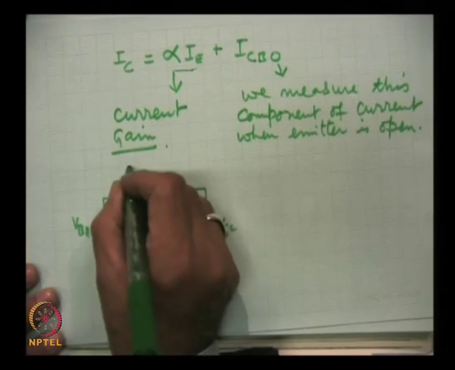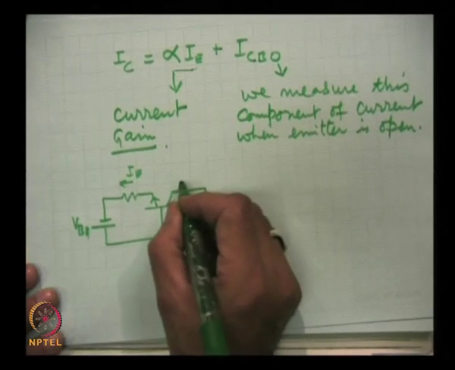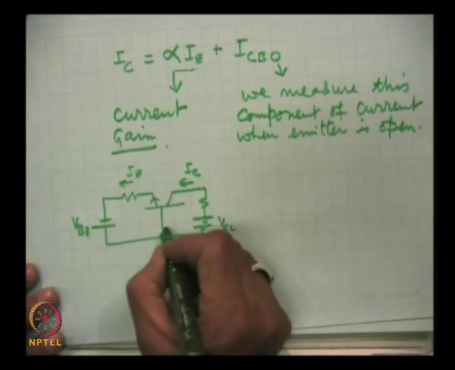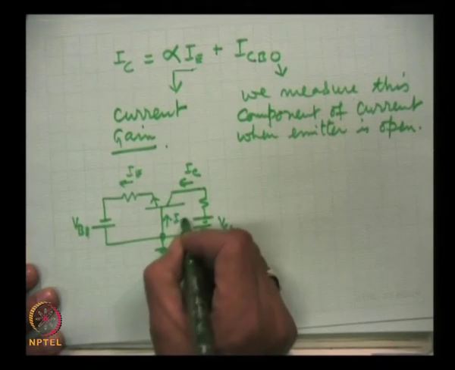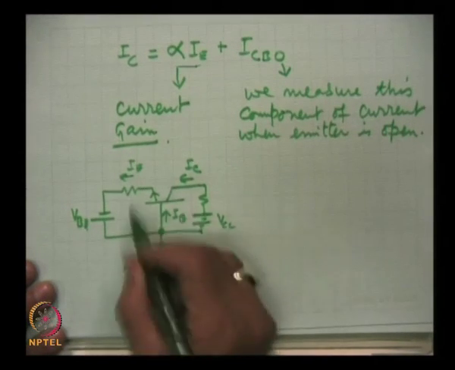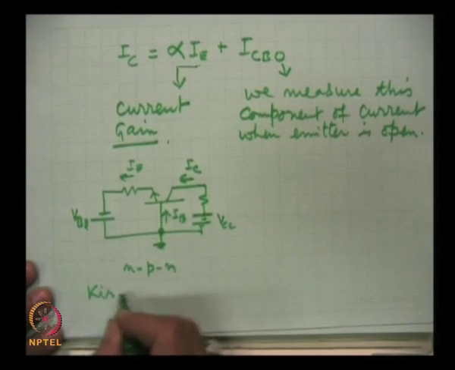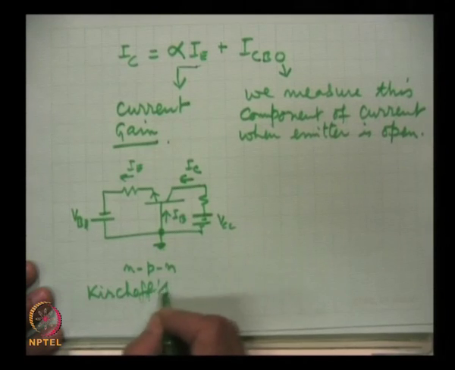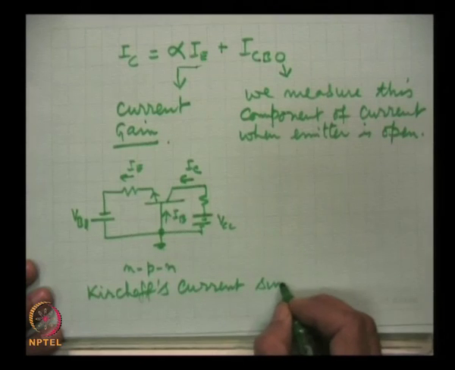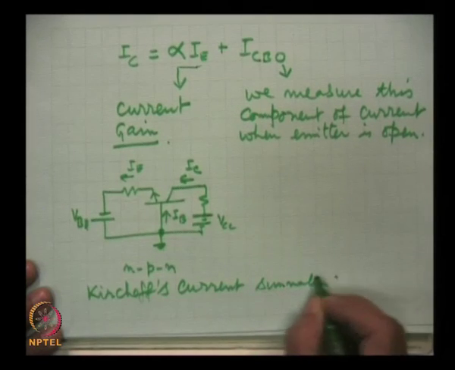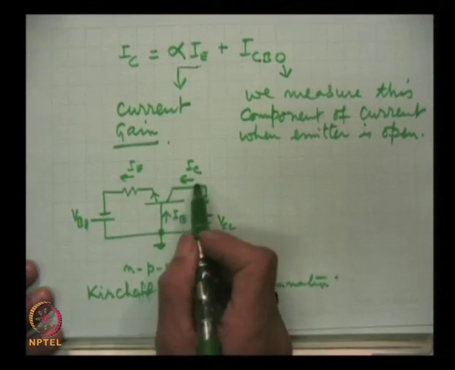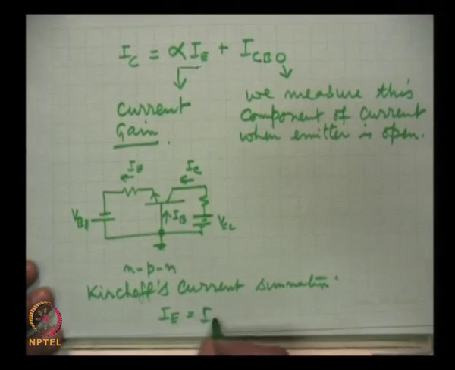This is I E, this is I C, and this is I B. This is for an NPN transistor, and Kirchhoff's current summation gives I E equal to I C plus I B.